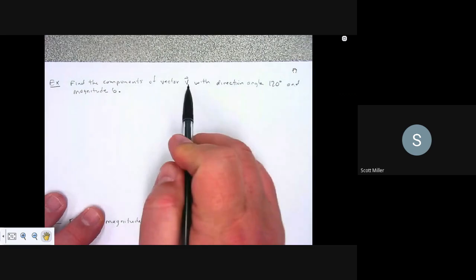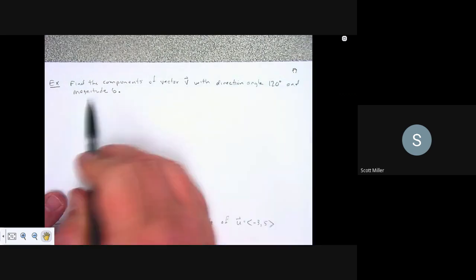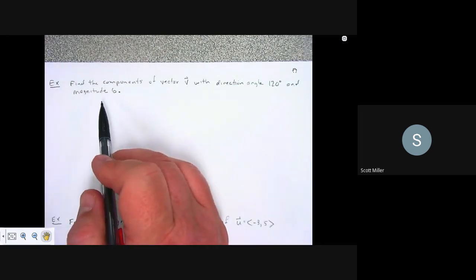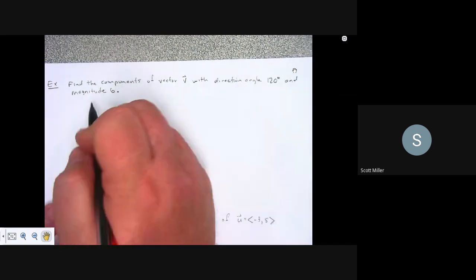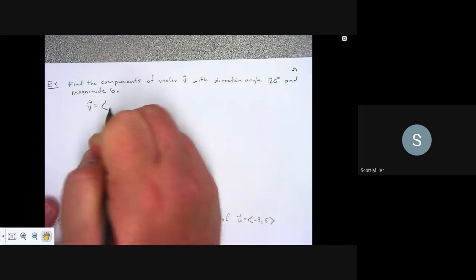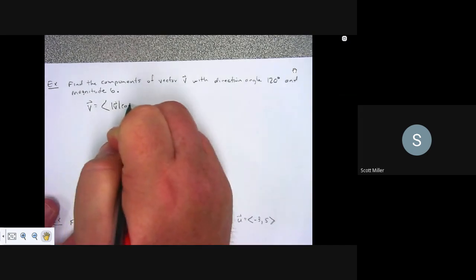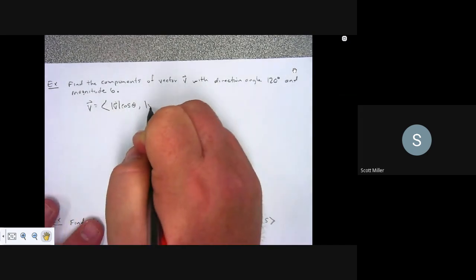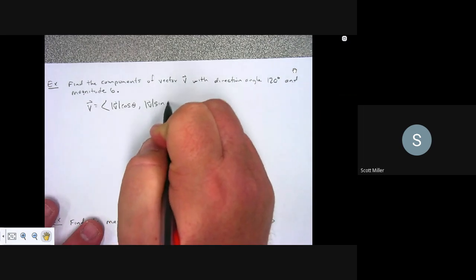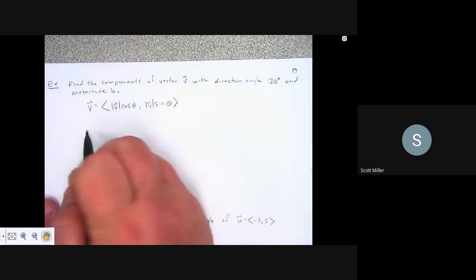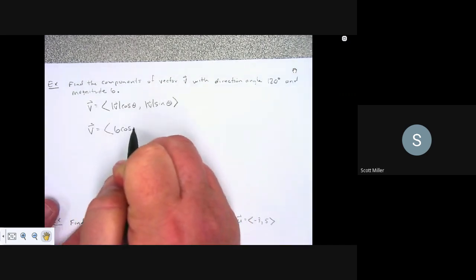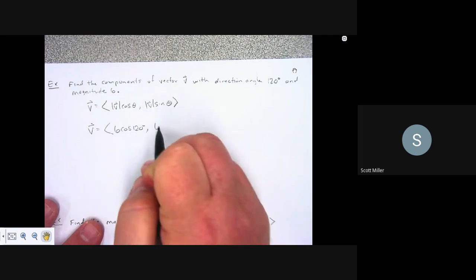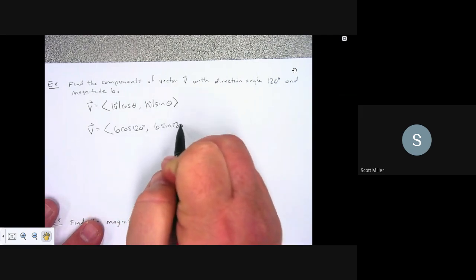Find the components of vector V with the direction angle of 120 degrees and the magnitude of 6. How do I do that? We just have the formula for it. Remember, vector V is the magnitude times the cosine of the direction angle, and the magnitude times the sine of the direction angle. I just need to plug this information into this format. So vector V is going to be 6 times the cosine of 120 degrees, and 6 times the sine of 120 degrees.